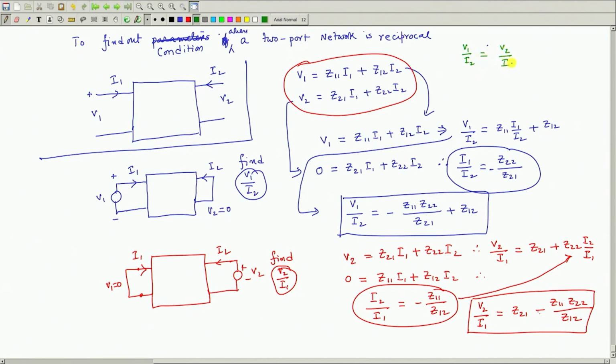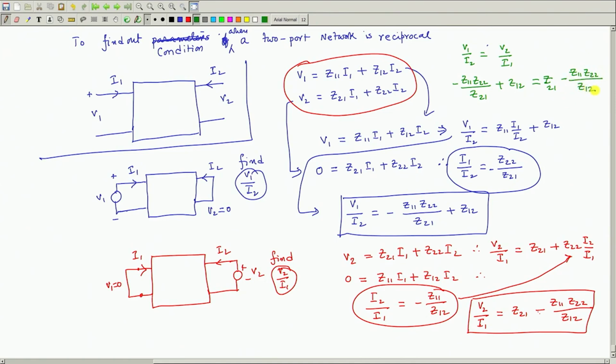So, equating V 1 by I 2 is equal to V 2 by I 1, it will give you minus Z 1 1 Z 2 2 divided by Z 2 1 plus Z 1 2, that is, this quantity should be equal to this quantity, which is Z 2 1 plus minus Z 1 1 Z 2 2 by Z 1 2.